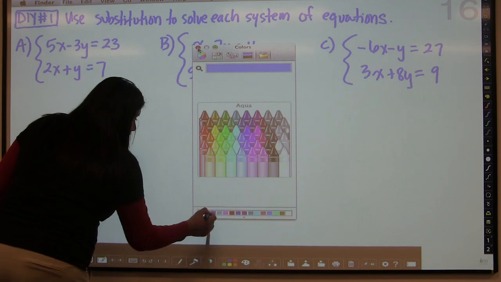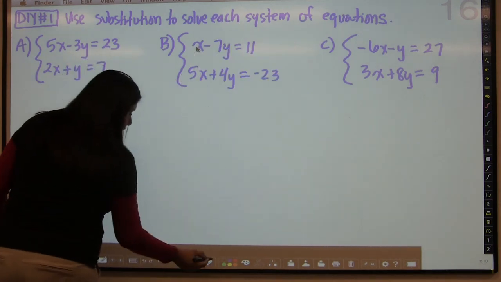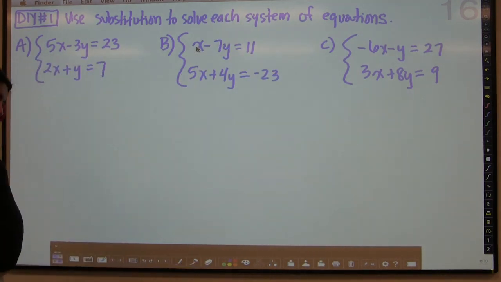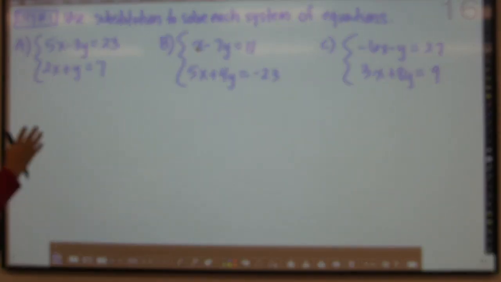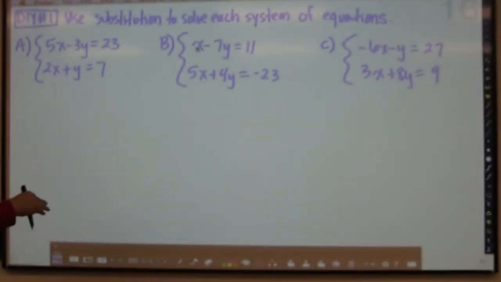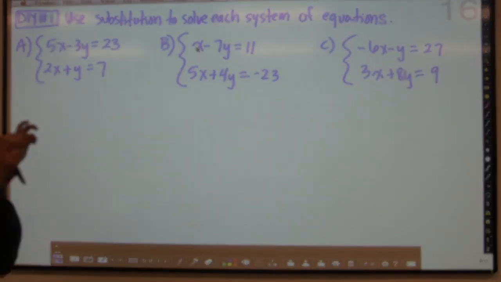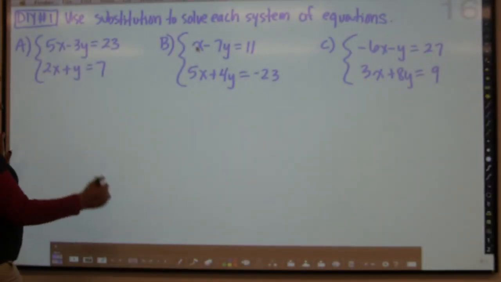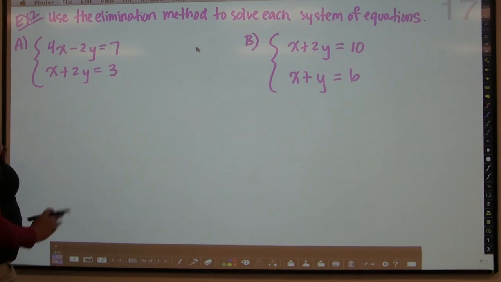So what is happening here is elimination, and this is supposed to be some kind of a review. So elimination is basically when you take two equations and you add them together, and when you add them together, one of the variables will eliminate. And, oh, I'm sorry, this is your do-it-yourself question. Sorry, we need to keep going here to elimination.